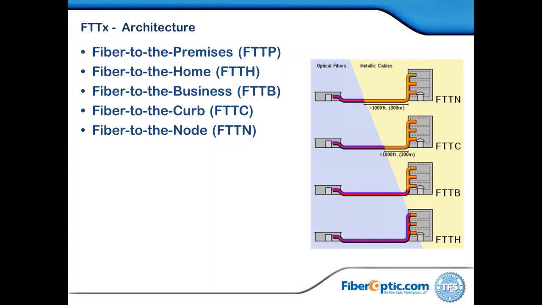Then we have fiber to the actual home, H. Fiber to the business, you'll see referred to as B. Fiber to the curb, if they're just doing my neighborhood and putting a vault at the end of my driveway, but I haven't signed up, it's basically to the curb. And then fiber to the node, it's kind of reverse order of that original drawing. It shows that we run fiber to a node at a certain point in the neighborhood and then utilize existing metallic cables. And that's what they mean by FTTN, or fiber to the node.